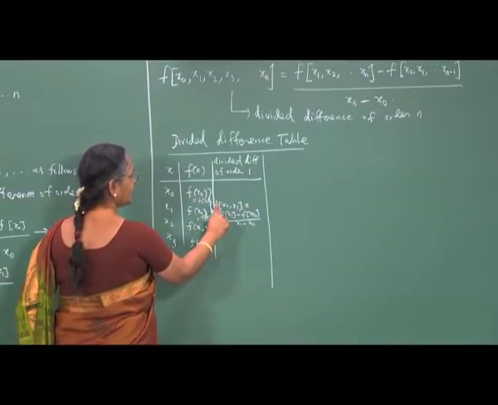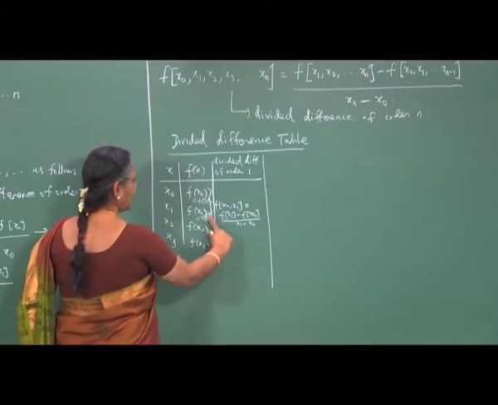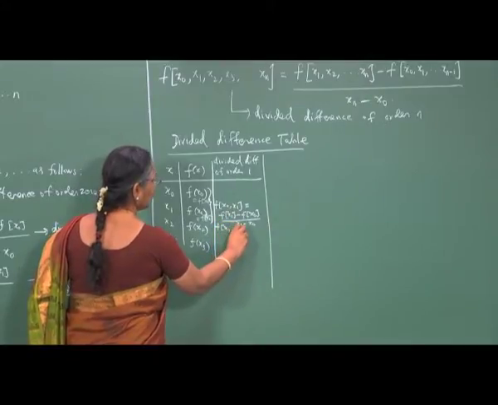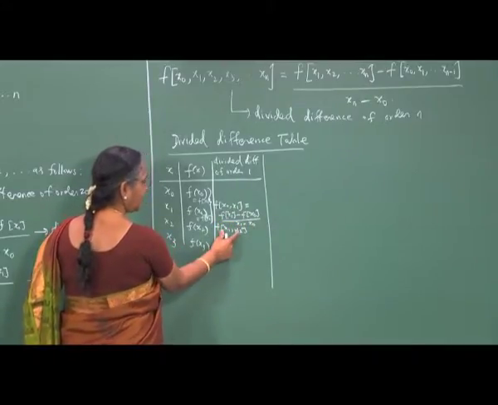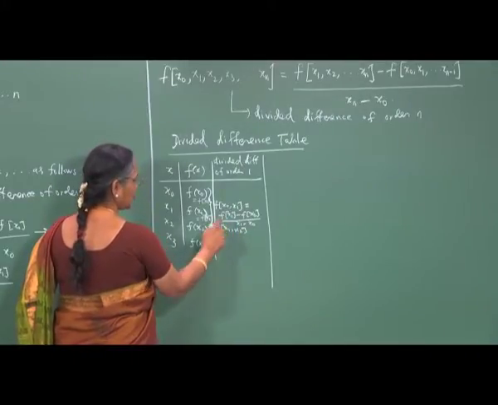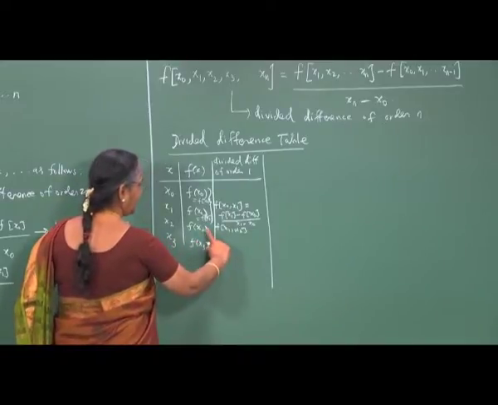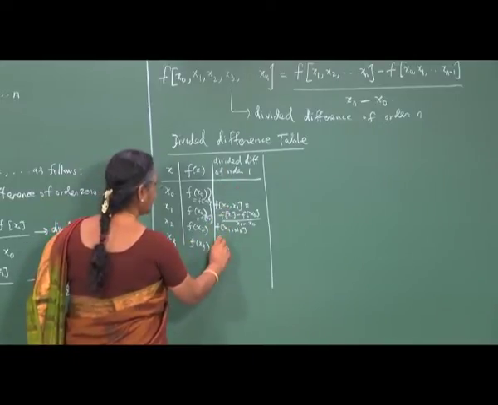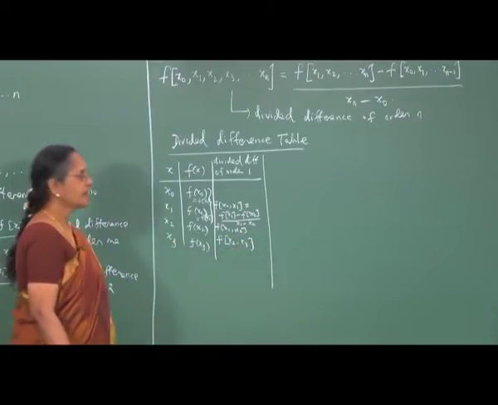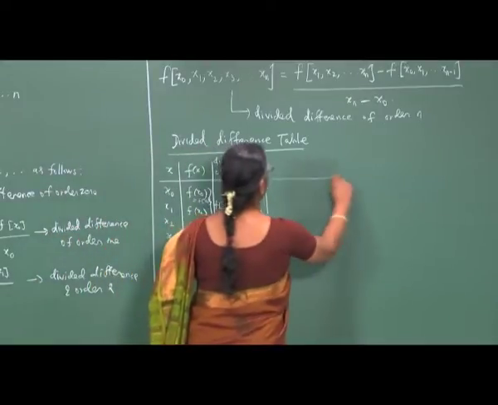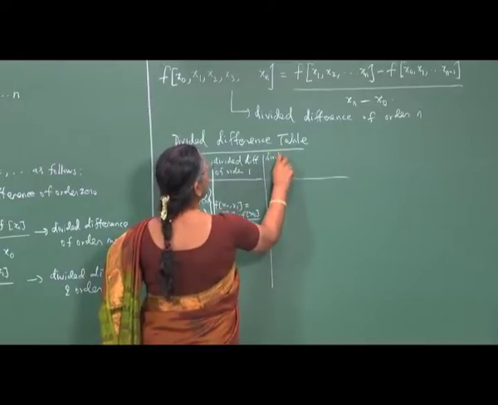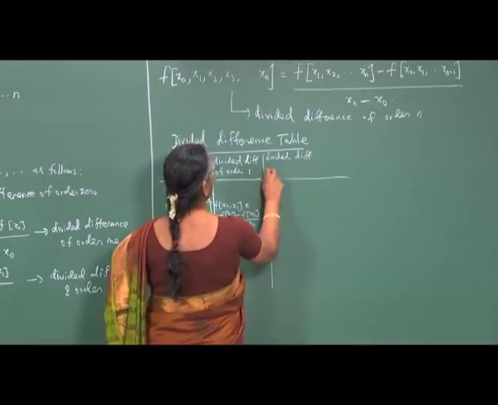The next entry must be f of x1 x2, and the definition is f of x2 minus f of x1 by x2 minus x1, and then the entry between the last two will be f of x2 x3. So, having got the divided differences of order 1 from this table, we move on to the divided differences of order 2.